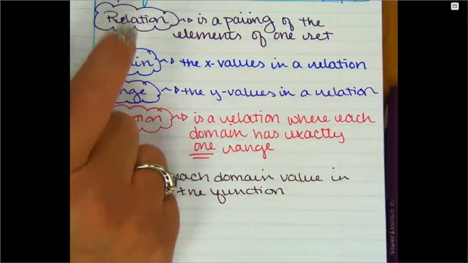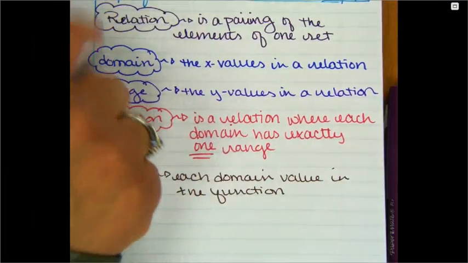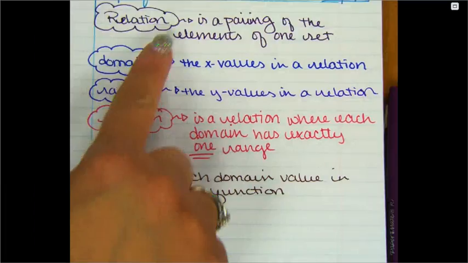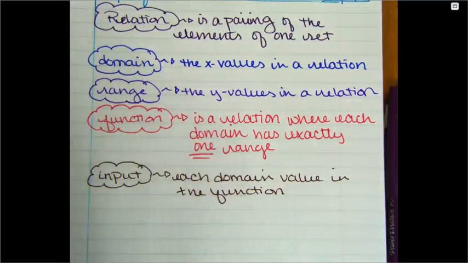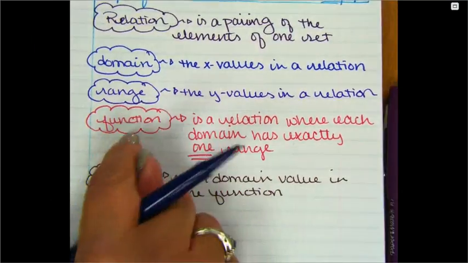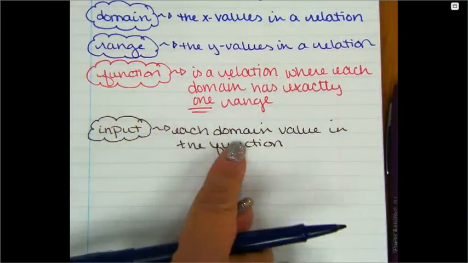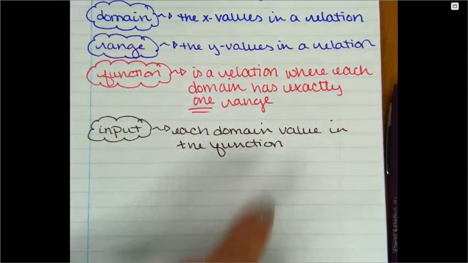A relation doesn't have to be a function. A function is a special type of relation. Does that make sense? It's like you have apples, and then you have a specific apple, like a Fuji apple. So this relation doesn't have to be a function, but a function is a relation. So input is only for a function. It's each domain value in the function.